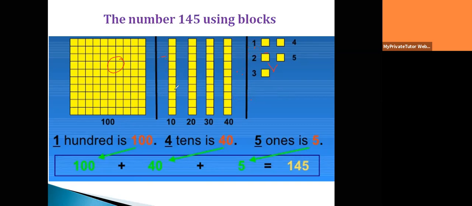You can see that there is 100, and we have 4 tens. As you saw, 1, 2, 3, 4. Each one has 10, so 4 tens are 40. So 40 is the place value, which is nothing but in 40 we have 4 tens. Okay, and 5 ones. So that's how it is divided.